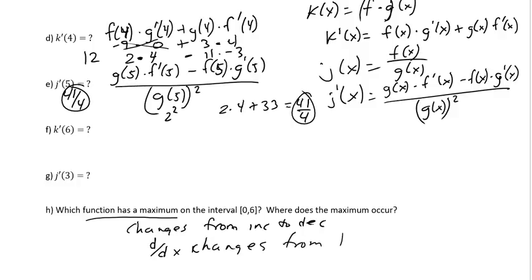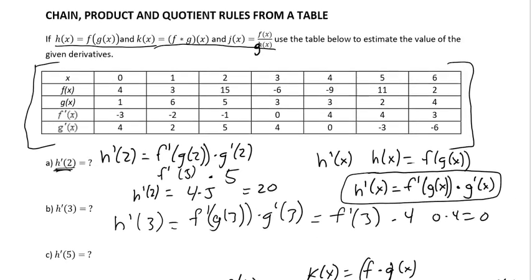So let's look at our derivatives. F prime has a 0 at 3. However, this is negative and this is positive. So in other words, f is changing from decreasing to increasing. F has a minimum at 3.